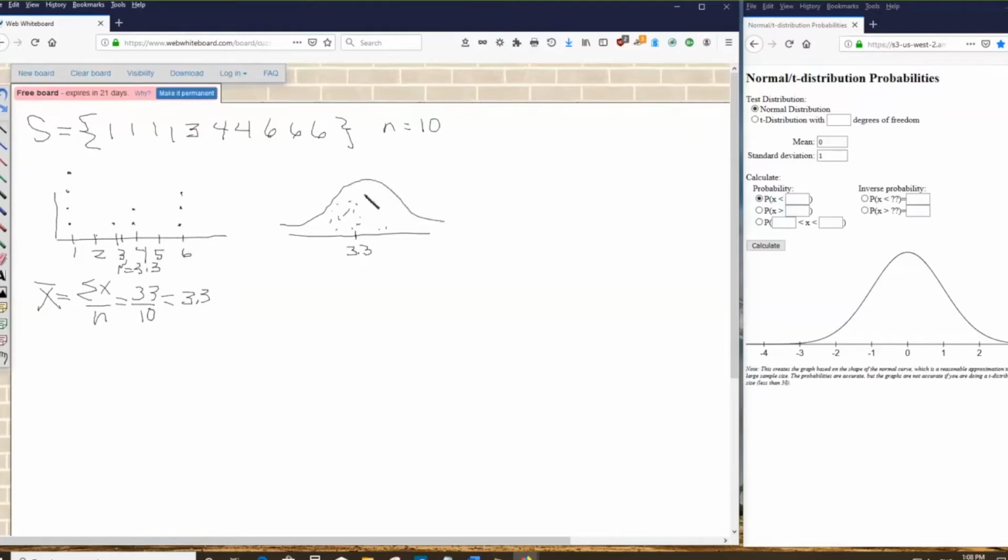So if I take a whole bunch of the means and then plot them, then over time, it's going to have a normal distribution. That's basically what it's saying.